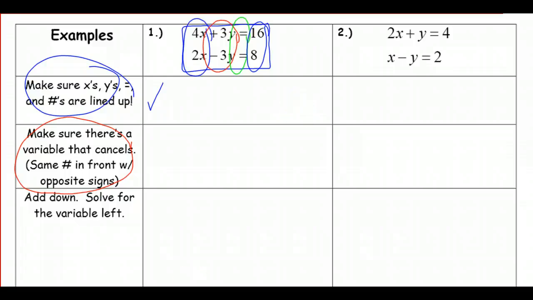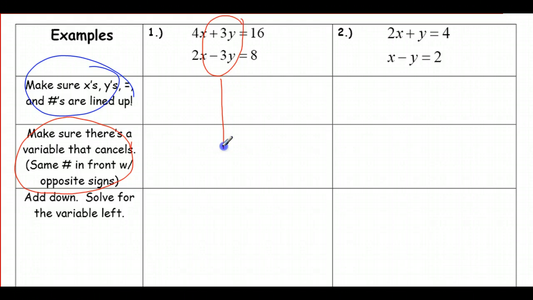If we take a look at our system, you can see that our y terms have opposite coefficients. Our y terms have a +3 and a -3. Again, those are opposite coefficients.